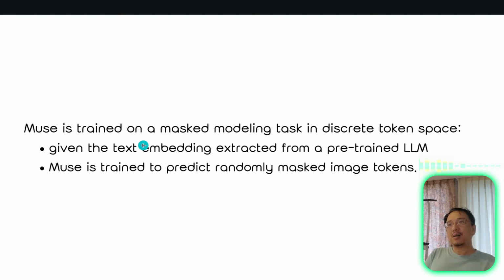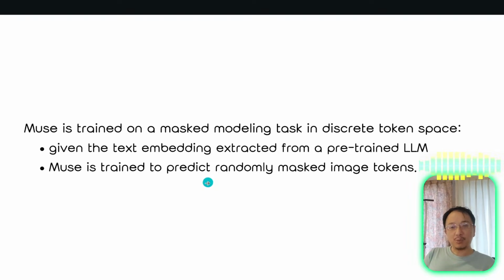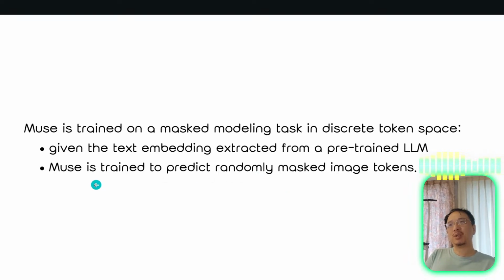Given a text embedding extracted from a pre-trained LLM, MUSE is trained to predict randomly masked image tokens. These two segments summarize how it is trained, and we can get a rough idea of what this model is.